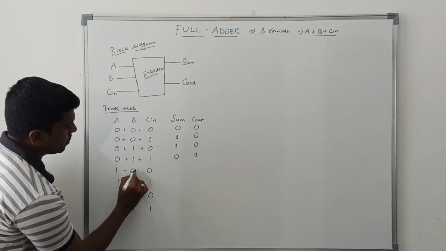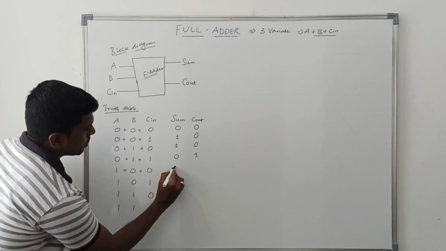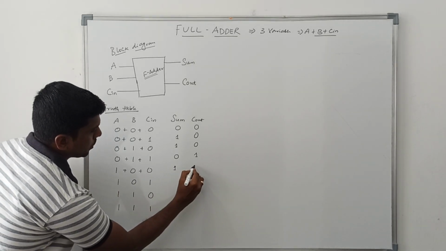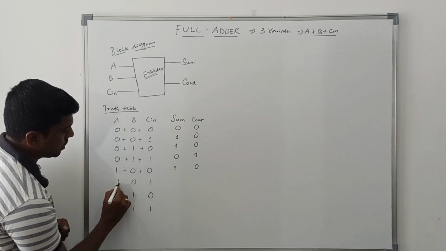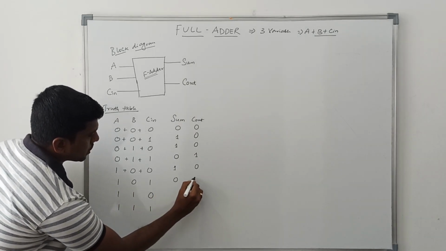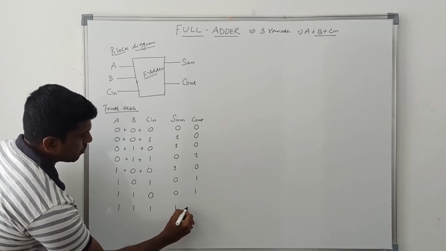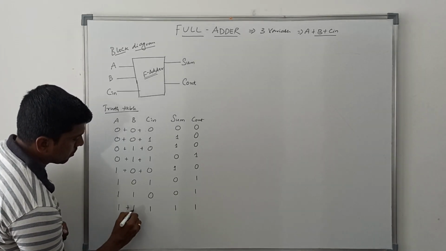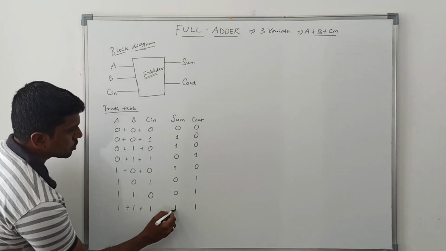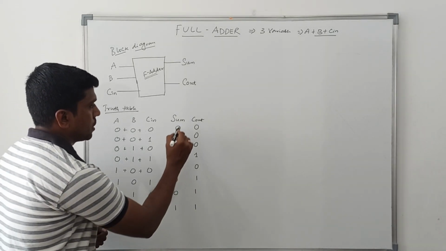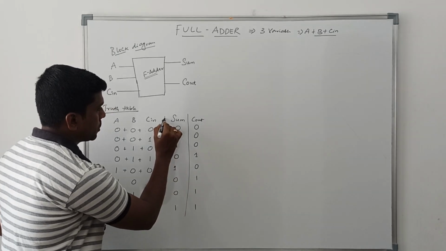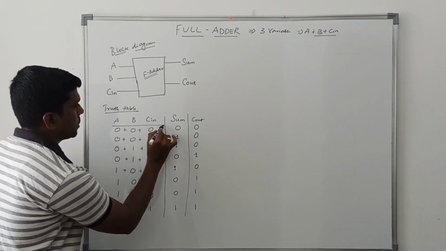Then 1 plus 0 plus 0, sum 1, carry 0. Then sum 0, carry 1, sum 0, carry 1. And 1 1 1 means 1 plus 1 is 10, 10 plus 1 is 11. So sum 1, carry 1. So it's the truth table for the full adder.